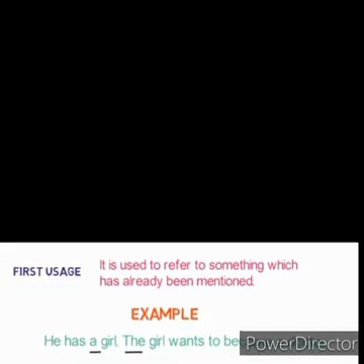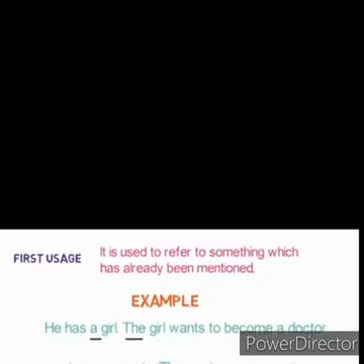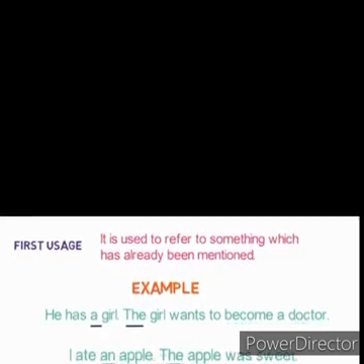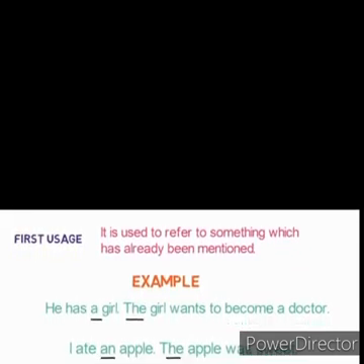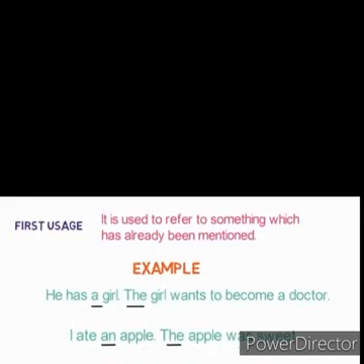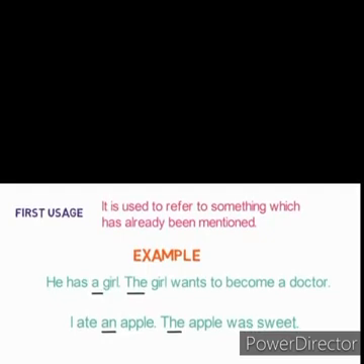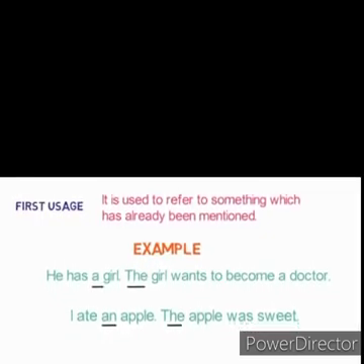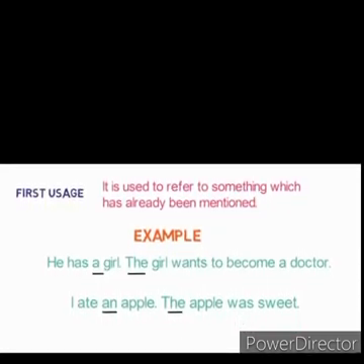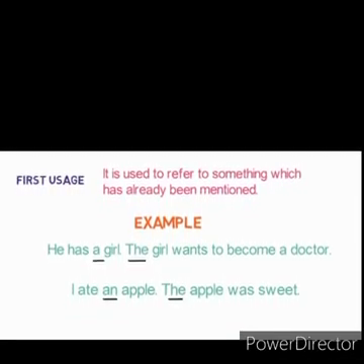Now you can notice here that we have used article a when we referred to the girl for the first time. But we used article the to refer to the same girl again. Let's take another example. I ate an apple. The apple was sweet. So we used article an when we referred to the apple for the first time, and we used article the when we referred to the same apple the second time.